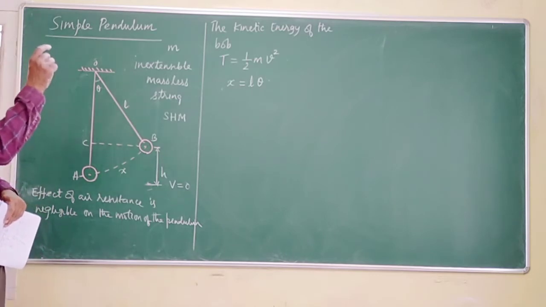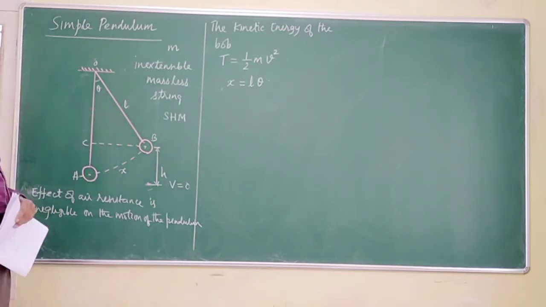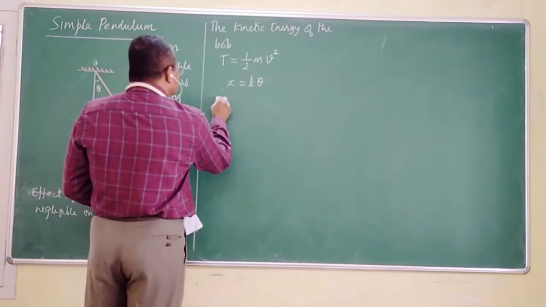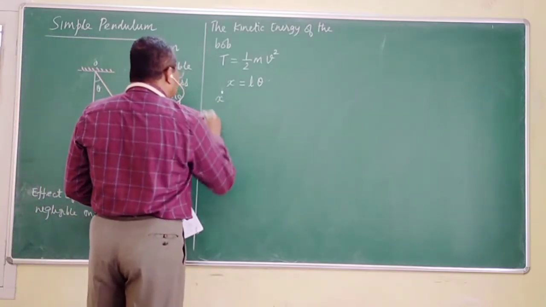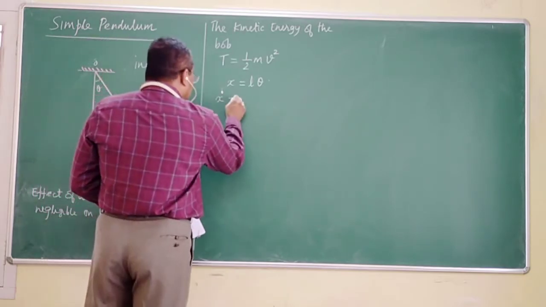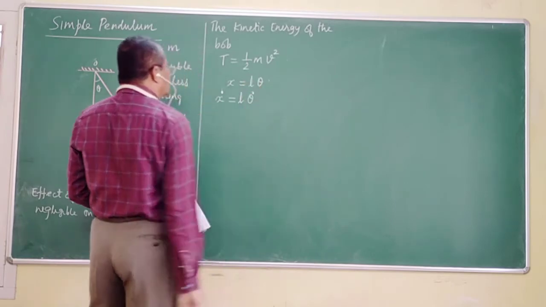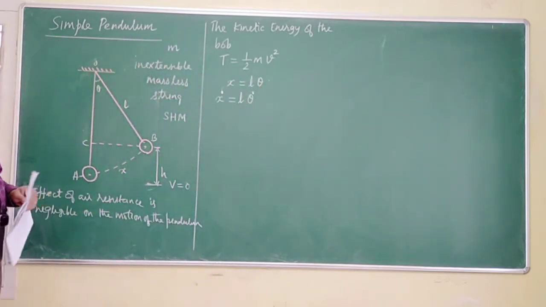Now we have to replace v in terms of this angular displacement. Therefore, if I differentiate once with respect to time, which I can denote as x dot, L being a constant, this becomes L theta dot.